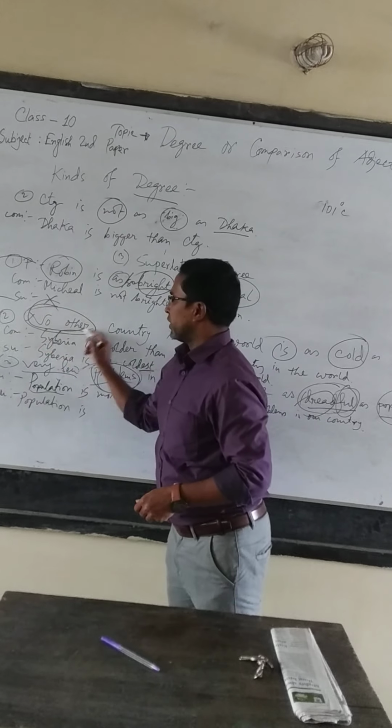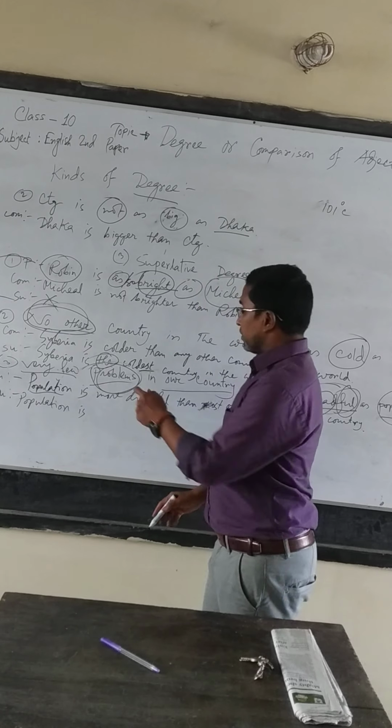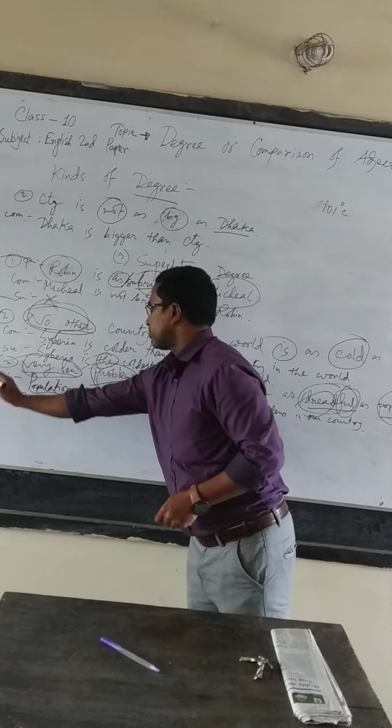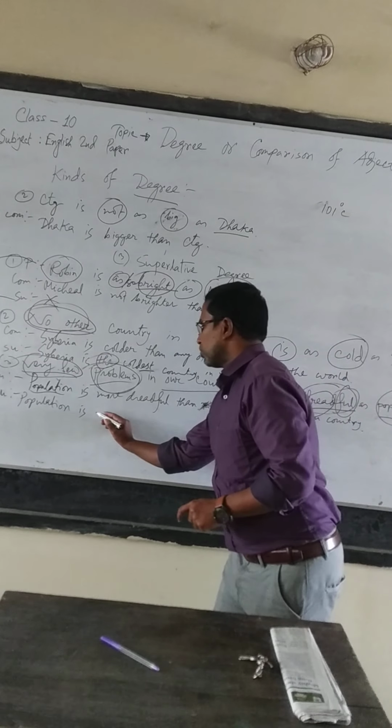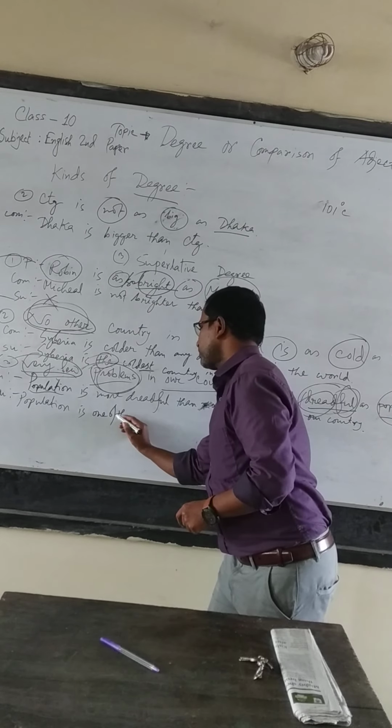In respect of no other, we use the whenever we turn the sentence into superlative. But whenever we see very few, in this regard we have to use one of the, which I mentioned in the structures, and I think you studied them. So population is one of the; the superlative form of dreadful is most dreadful. Population is one of the most dreadful problems, then the rest part of the sentence, problems in our country.